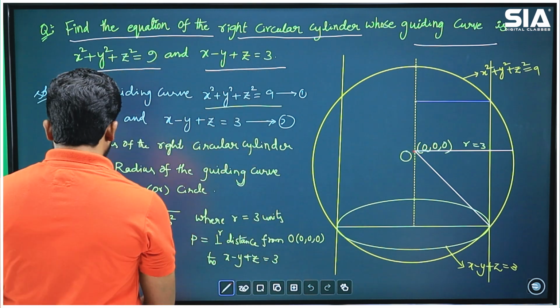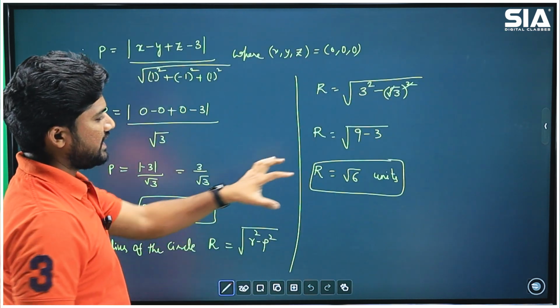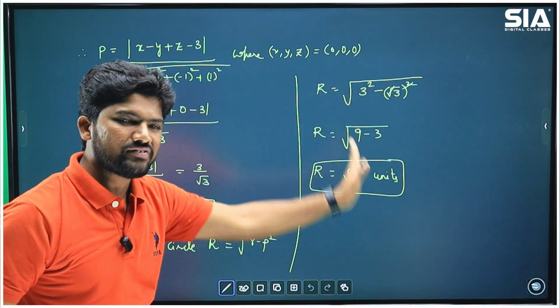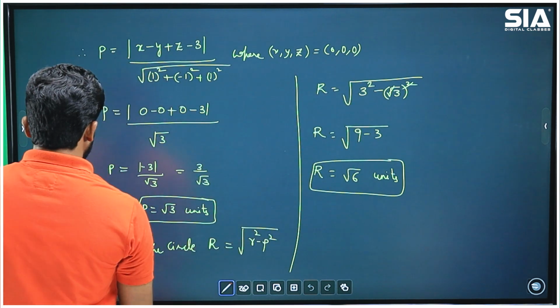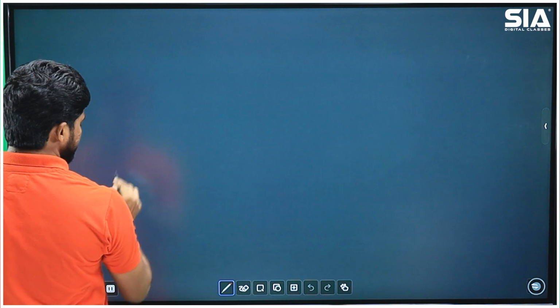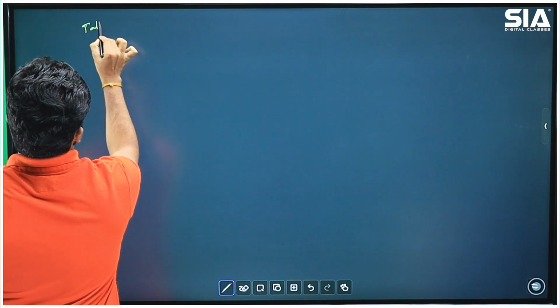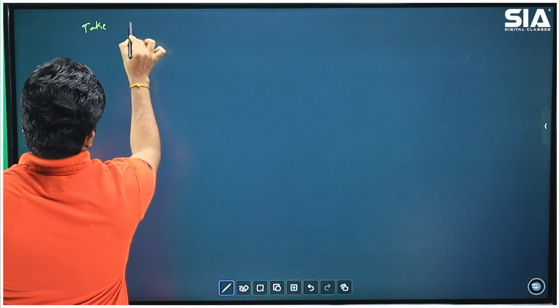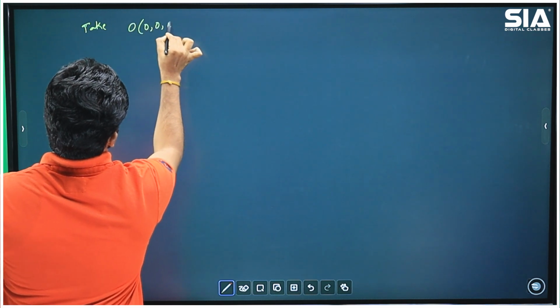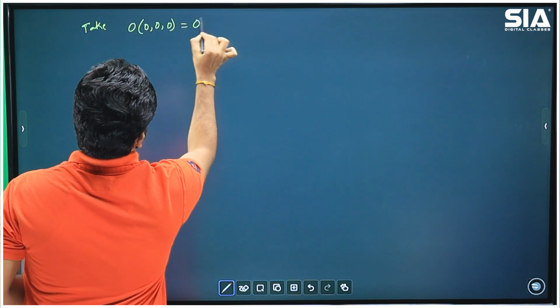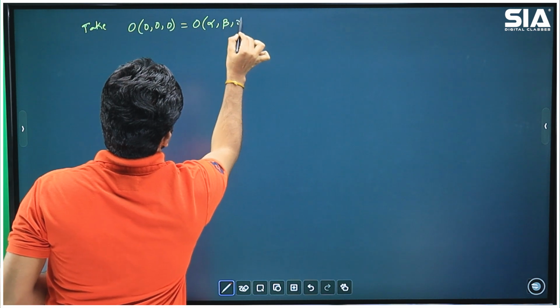Now I am going to derive the equation of the axis of the right circular cylinder. First of all, take O of 0, 0, 0, so we can take O of alpha, beta, gamma. Why?